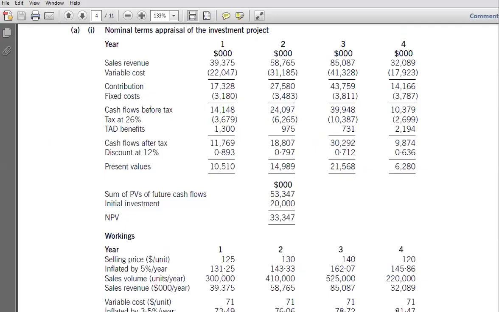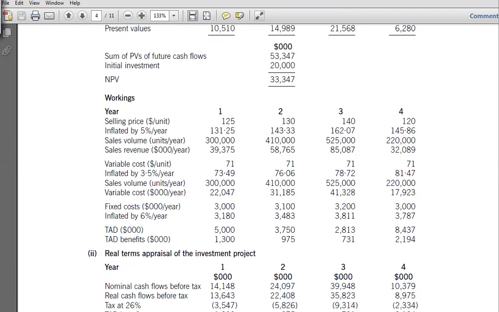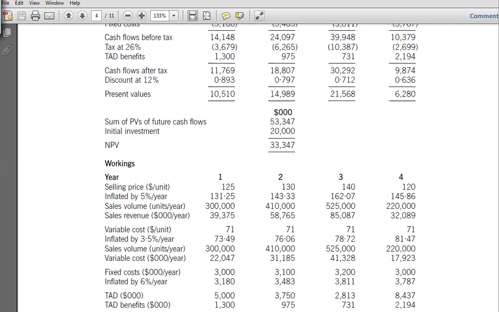And then in this answer, if you can see, in part A you have this final answer. In the second part, the examiner is using exactly the same tax allowable depreciation benefits, the tax savings, right? 1300, 975,731 and 2194. Exactly the same figures are used in both the parts.